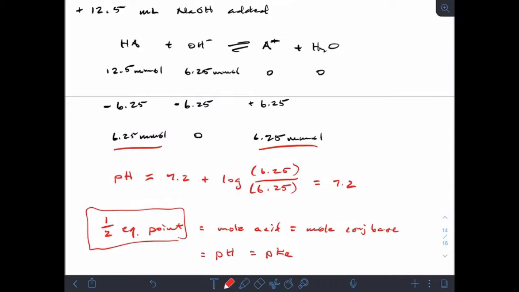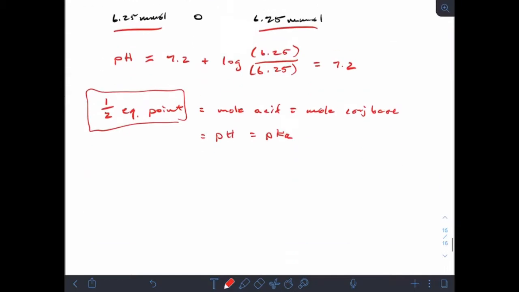Now let's see what happens when we go past our half equivalence point. Let's see if we actually exceed all of that and get to the equivalence point.